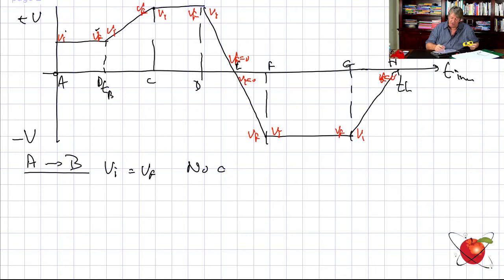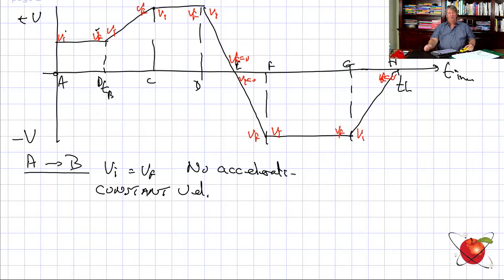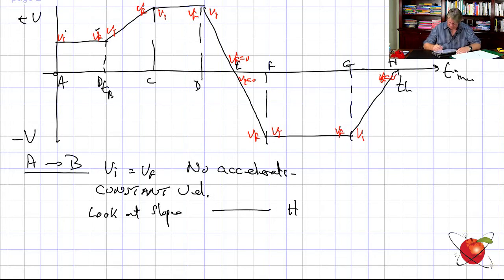There is no acceleration. Thus, it is at constant velocity. I could also have looked at the slope of the line. What is the slope? The slope is horizontal.